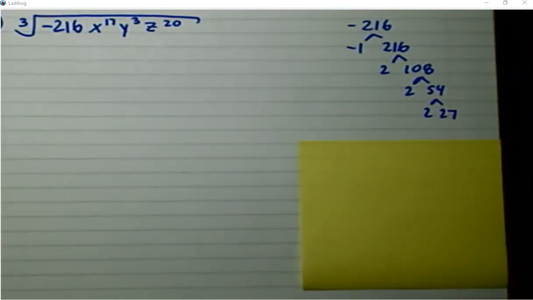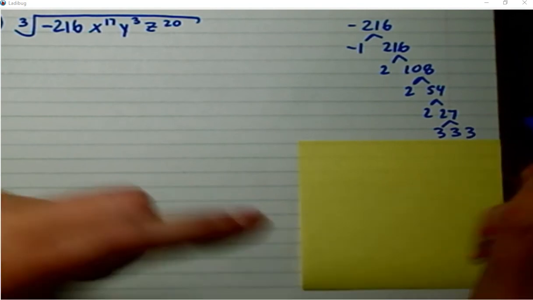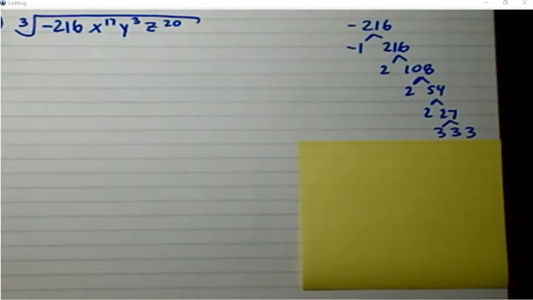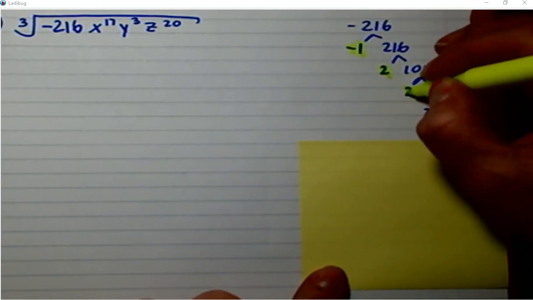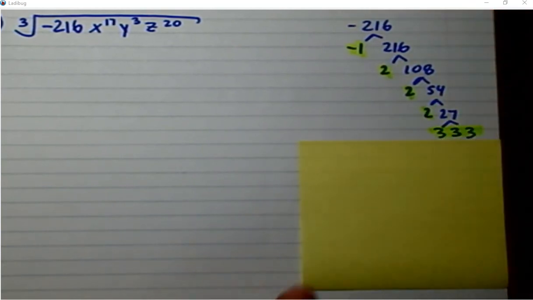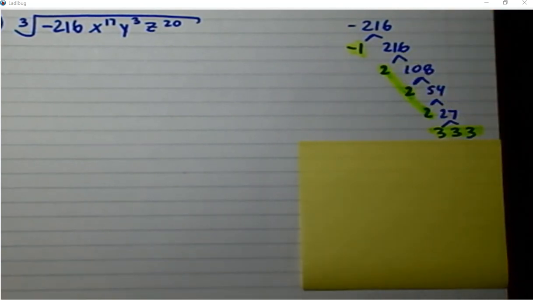Oh, and I hit 27. I'm like, oh, I know 27. That's 3, 3, 3. Okay, so I've got the bottom of my factor tree. Because I divided by 2 as many times as possible first, it's kind of in order.